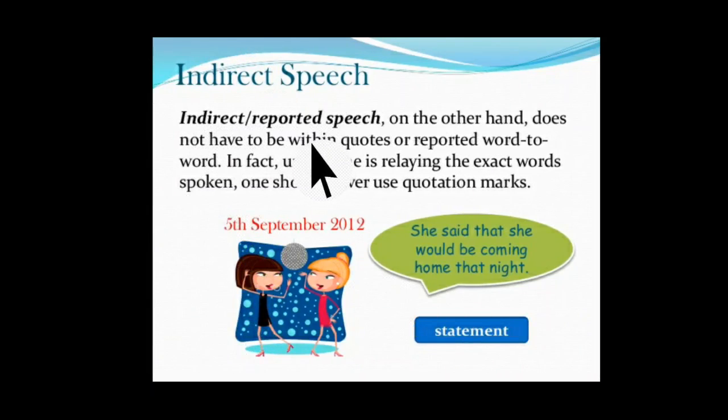Indirect or reported speech, on the other hand, does not have to be within quotes or reported word to word. Unless one is relaying the exact words spoken, one should never use quotation marks.